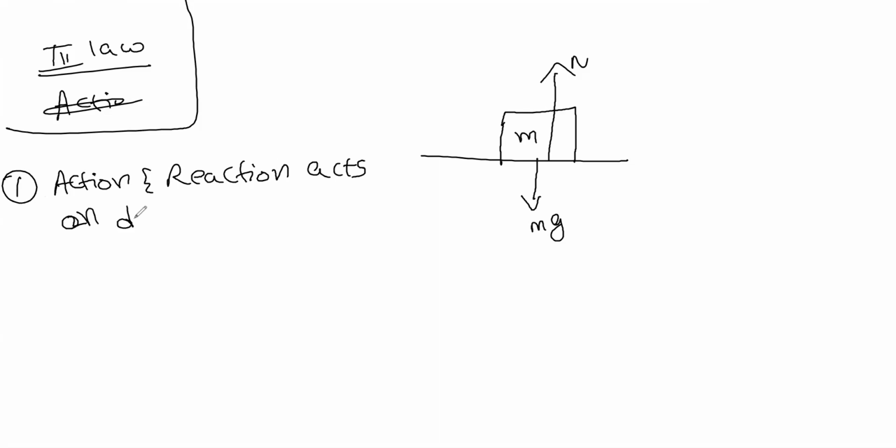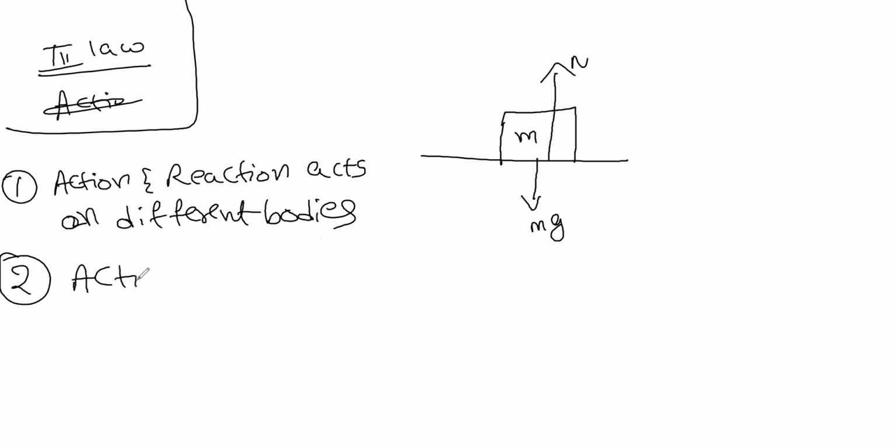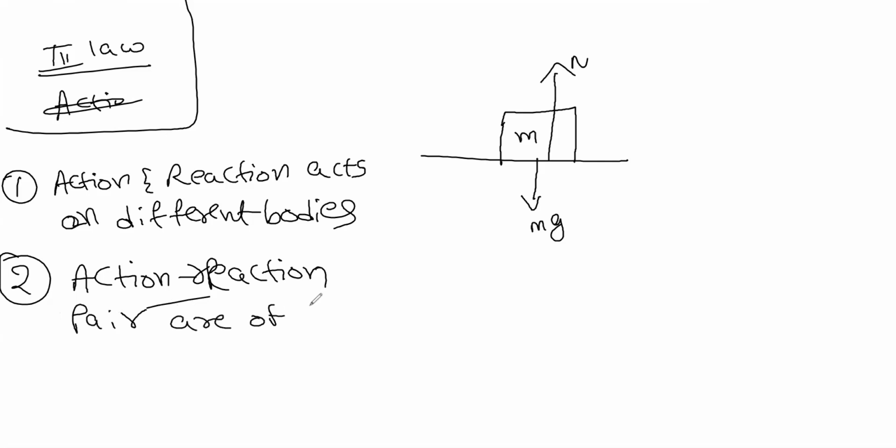Second, the action-reaction pair is of the same nature. Here mg is the gravitational force and N is the normal force; both are different, so N and mg are not action-reaction pairs.